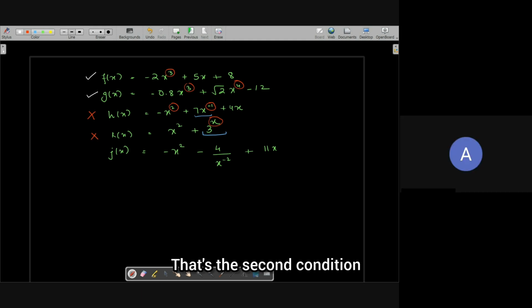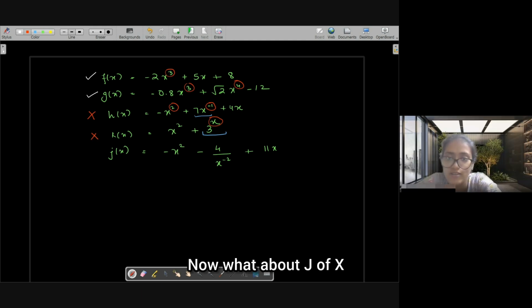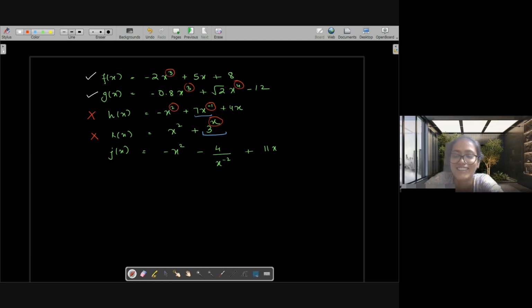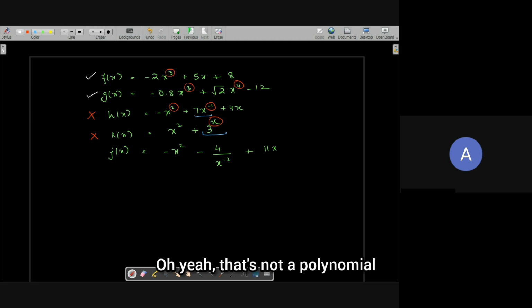That's the second condition. Now, what about j of x? That's a tricky one. Oh, that's not fair. Oh yeah, that's not a polynomial.